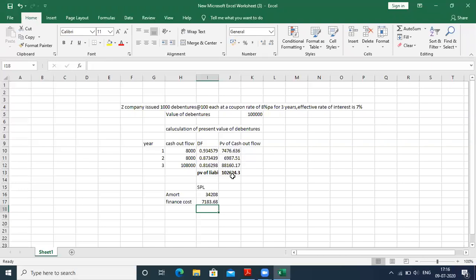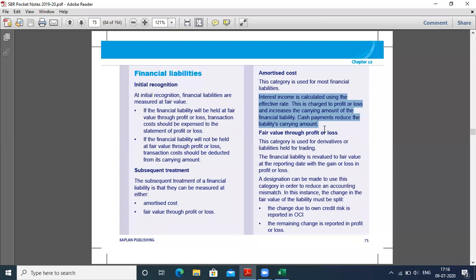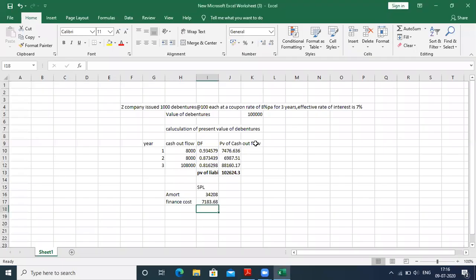So this is a process of amortization for a financial liability. In statement of profit and loss account, we'll be showing like this according to this particular statement. So let me know if you have any doubts in this.